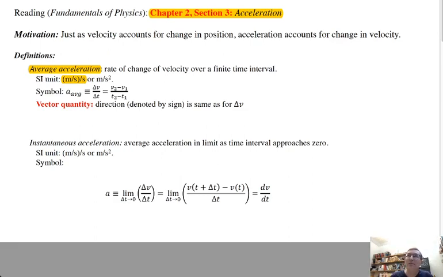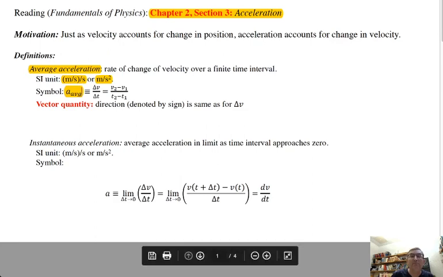So meter per second per second is really meter divided by second squared, which we denote like this: meter over second squared, or meter per second squared. And that's how a physicist would say those units. The SI units of average acceleration are meters per second squared. What's the symbol for average acceleration? A for acceleration and a subscript avg for average. Okay?